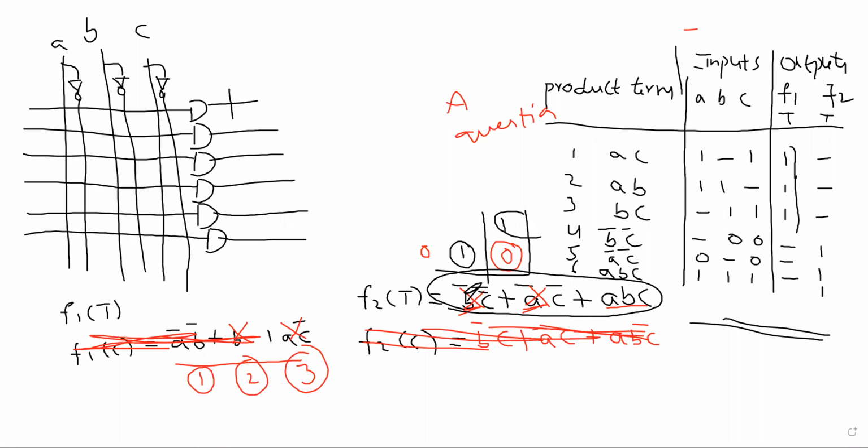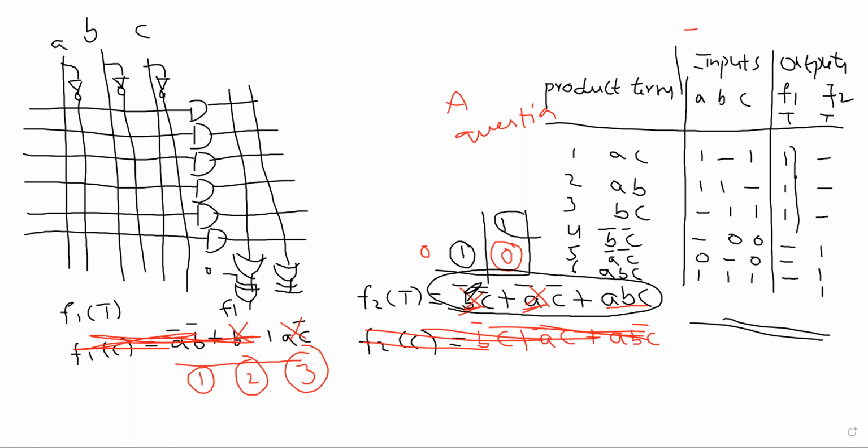How many output functions are we having? 2 output functions. This is F1, this is F2, and don't forget these two should be connected to an XOR gate and given as 0, then it becomes F1.